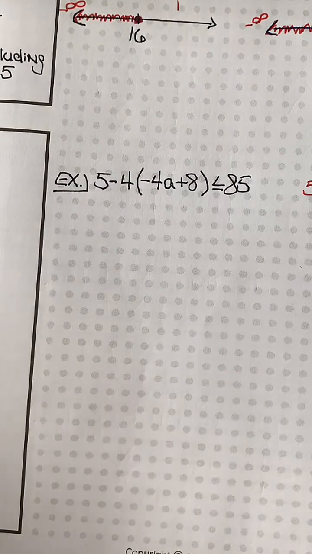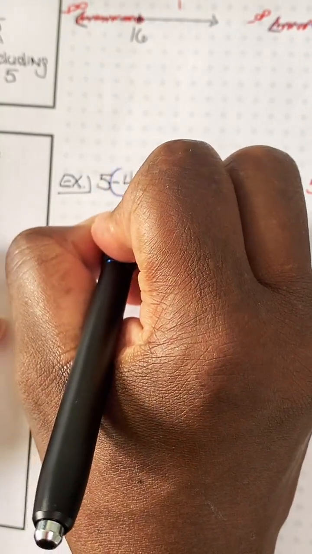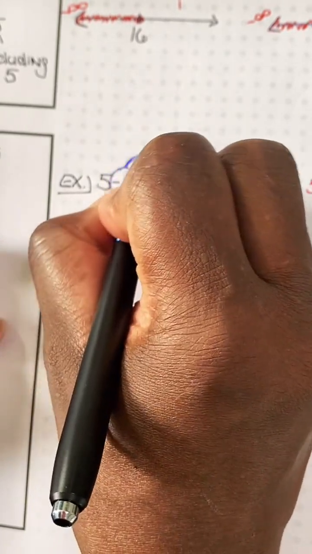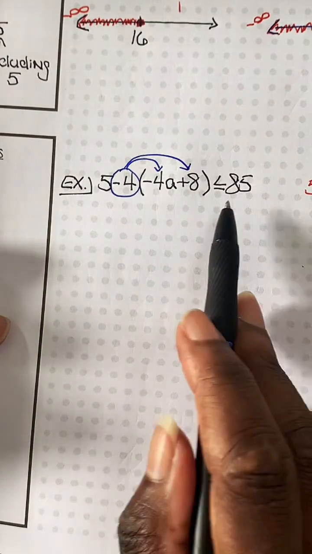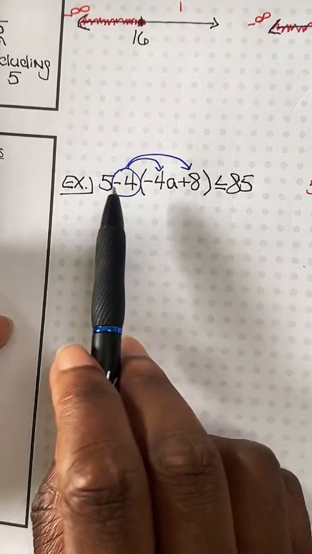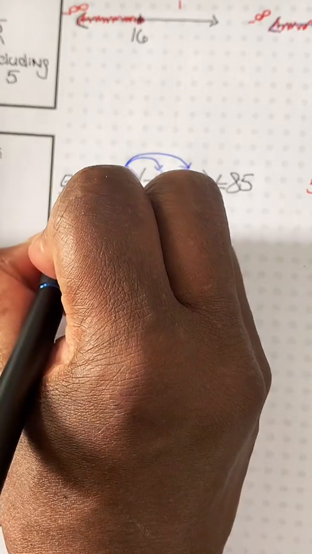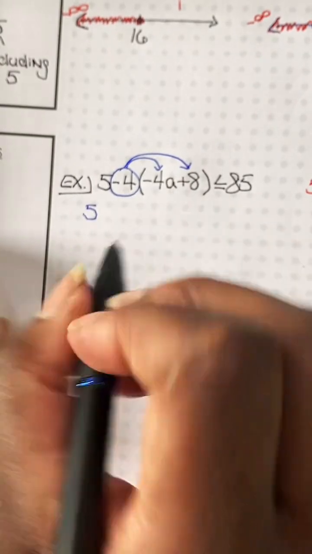The traditional route tells me that I need to take this -4 and I need to distribute to everything inside the parenthesis. Okay? Stop distributing over to 85. No. You're only distributing to what's inside the parenthesis. So what happens here? You get your 5. Now you got your -4 times your -4a.